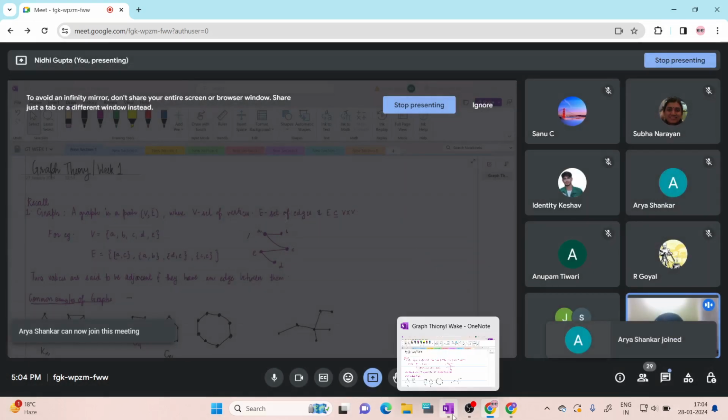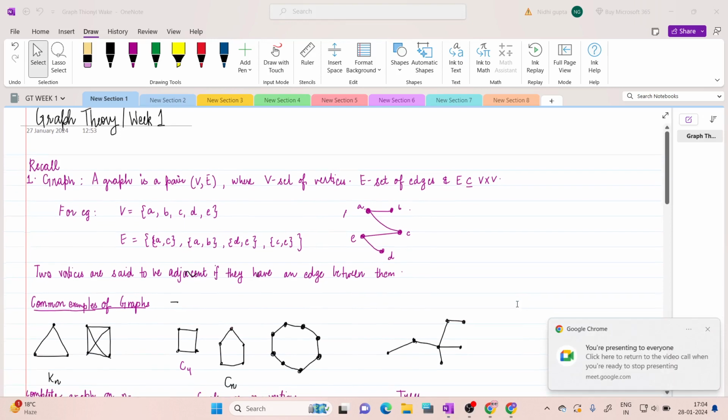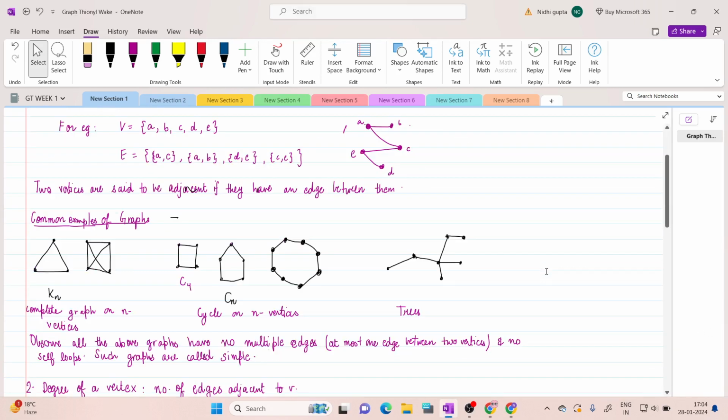Okay, so as I just defined what a graph was, now there are some special types of graphs. First example is Kn, a complete graph on n vertices, meaning all the vertices are adjacent to each other.